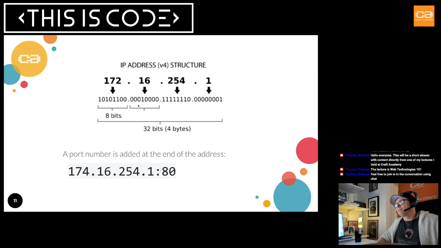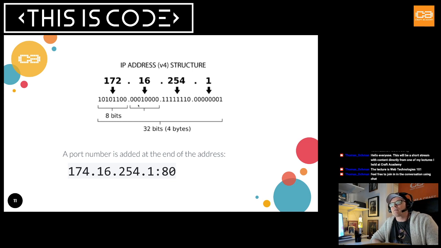And if we take a look at the anatomy of an IP address, and I'm going to only address the version 4 structure, there is another one that, of course, should be mentioned, but again, we're just scratching the surface. An IP address consists of a collection of 4 numbers that are up to 3 digits long.